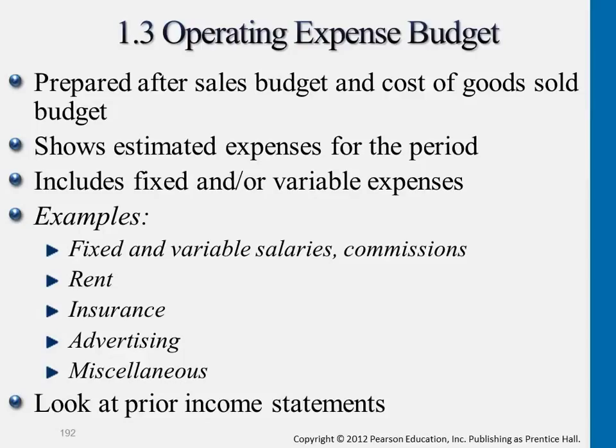So basically it's the income statement portion, the last portion before you get to net income. You have all the salary, commission expenses, rent expense, insurance on plant, insurance on the store, advertising of products, and all the other expenses that potentially the business will have. As long as it's a temporary account, it's not a long-term asset, it's considered operating expenses.